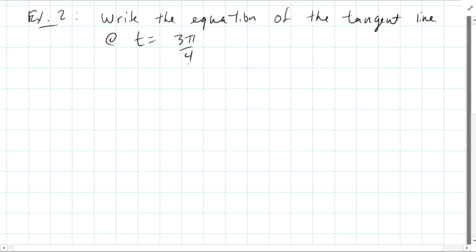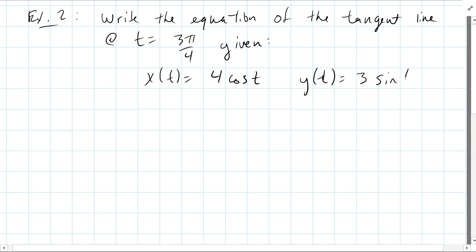Do you suspect trig? You should. Given the following, x of t is equal to 4 cosine of t, and y of t is equal to 3 sine of t.